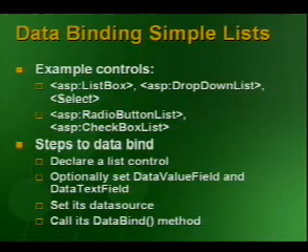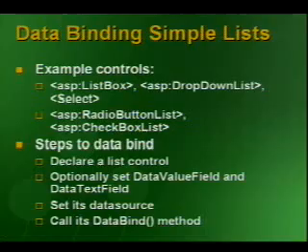So here's some examples. I want to start with something really simple. Actually, before I go to this, I'll show you some examples of those few things I just talked about, binding to a property, binding to a field, and so forth. And then we're going to show an example of binding to a simple list. These are lists like listbox, drop-down list, and so forth. And the steps that you would take to data bind in a list would be declare the list in your page.